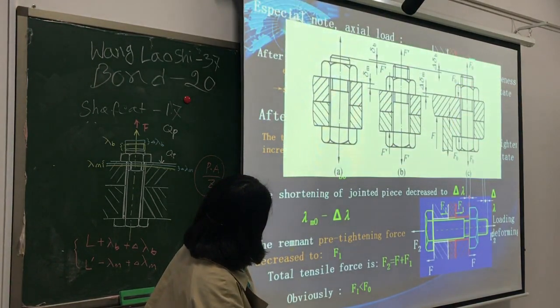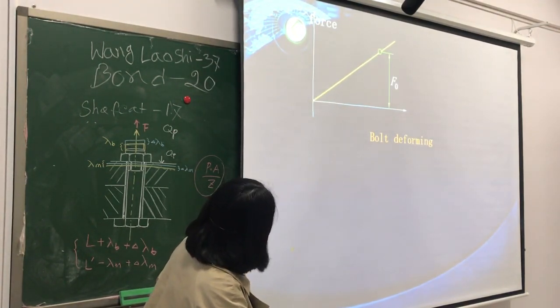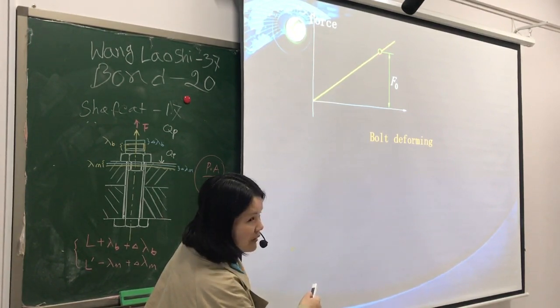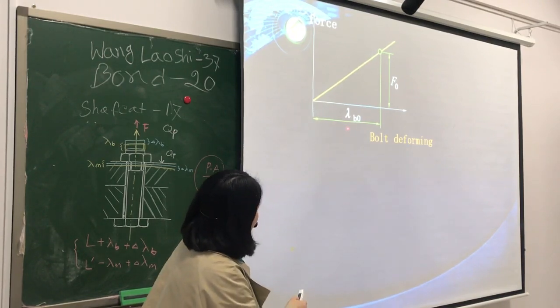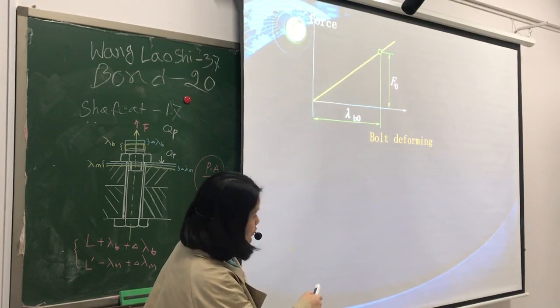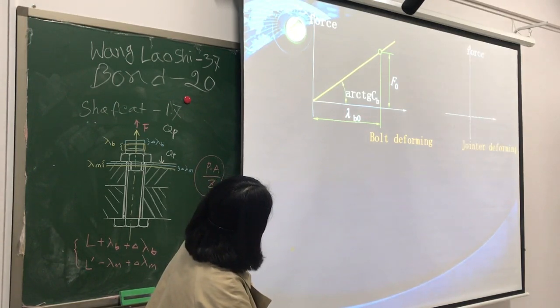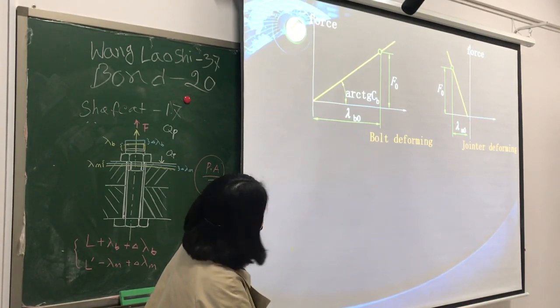Okay, let's see the deformation diagram. This is the force, and this is the preload F0. And this is the deflection of bolt under preload, lambda b0. And this is the deflection of members, lambda m0.